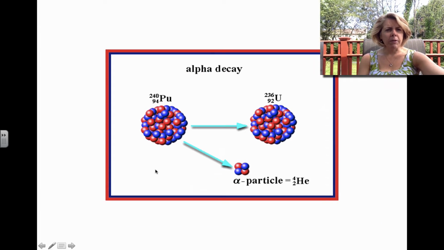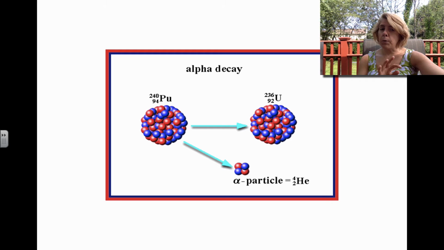So here's an example of alpha decay. So we have a plutonium nucleus on the left. Notice we lose an alpha particle at the bottom, and plutonium is transformed into another nucleus, which is uranium.